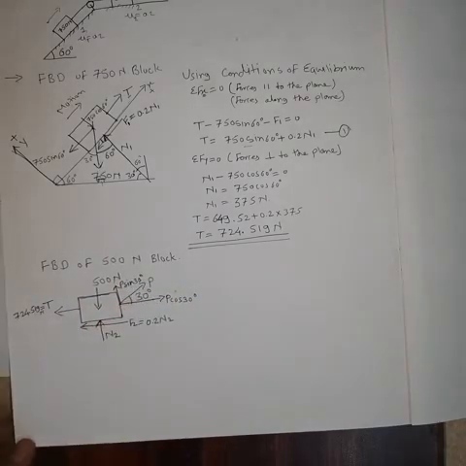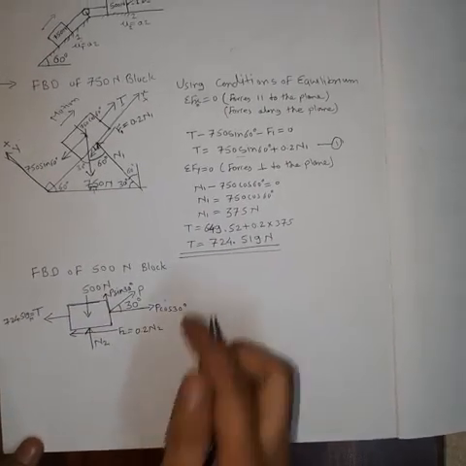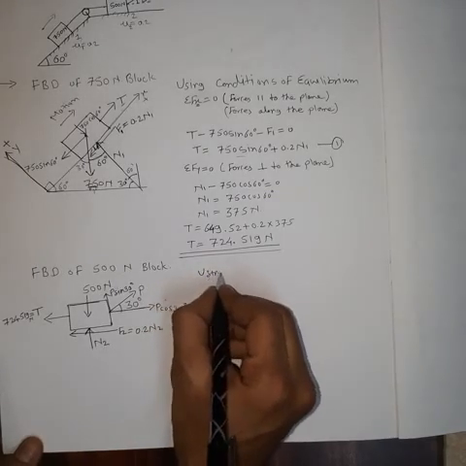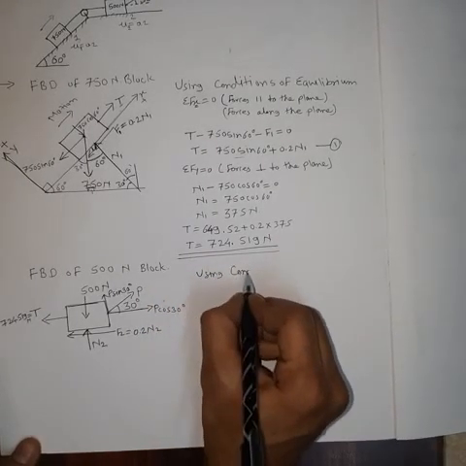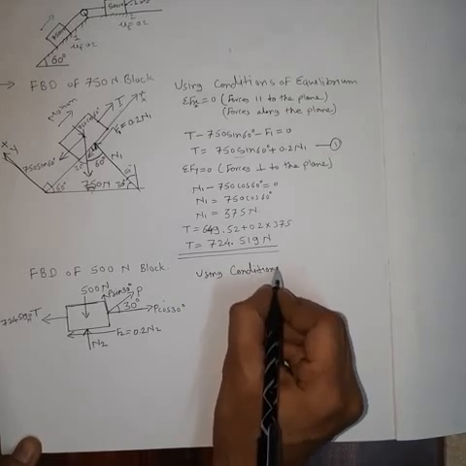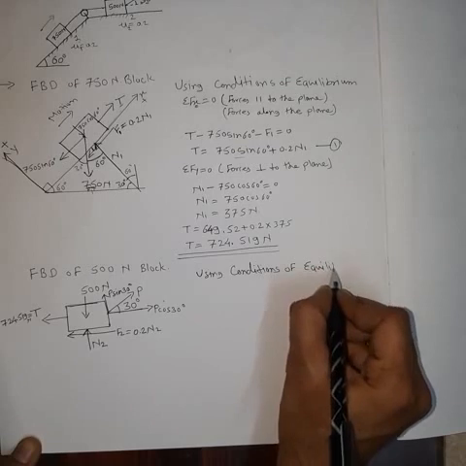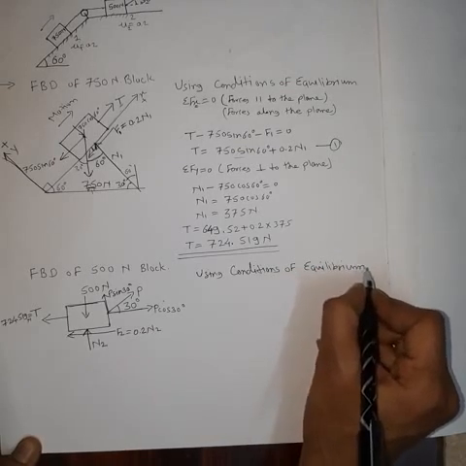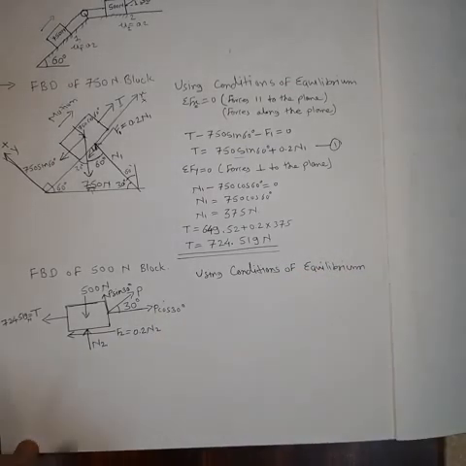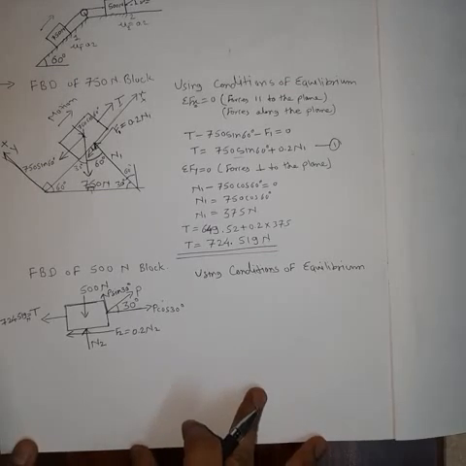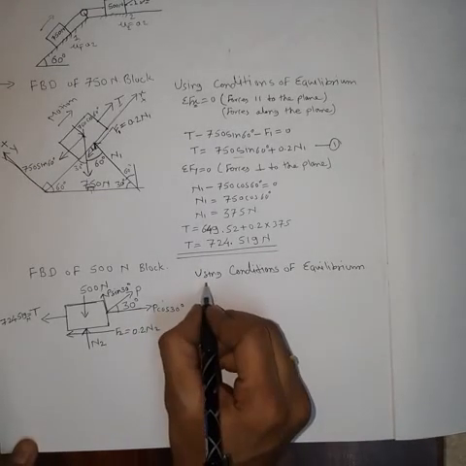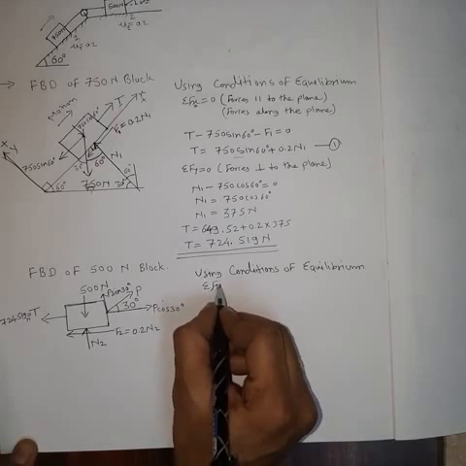So again using the conditions of equilibrium, using the first condition, summation Fx is equal to 0.